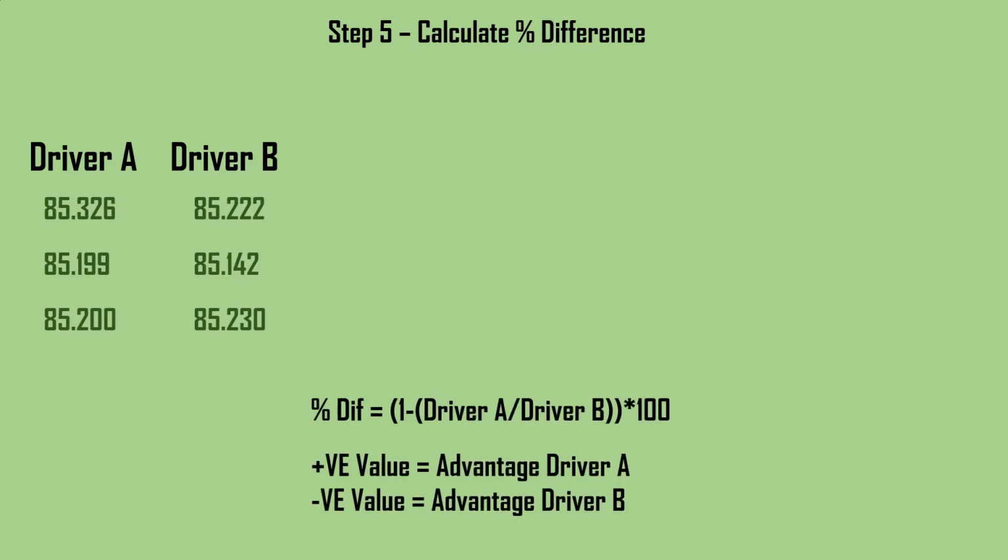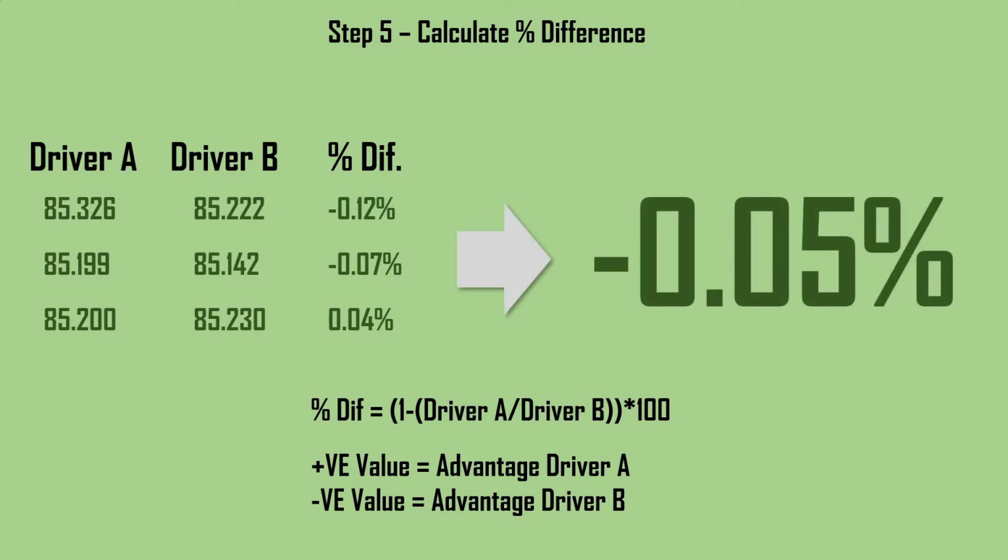The percentage difference is calculated by doing 1 minus driver A's lap time divided by driver B's lap time multiplied by 100, where a positive value will be advantage towards driver A and a negative value will be advantage towards driver B. And for these 3 lap times selected after going through the 5-step process, we end up with these differences here, which we can then directly average out together to end up with an overall average for the whole Grand Prix of minus 0.05% per lap, where this advantage is in favour of driver B. Where 0.05% is roughly half a tenth for the long extended tracks like Spa, Singapore and Malaysia, and around 300ths at tracks like Monaco, Austria and Canada.